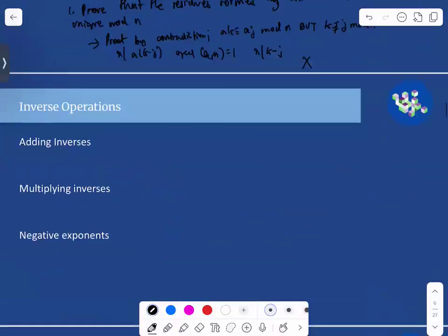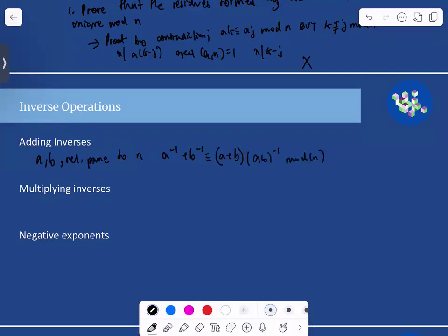Okay, and then there are some basic operations for modular inverses. So you can add and multiply modular inverses, and subtraction works the same way as addition, except it's just negative, and multiplying works the same way as division. So for adding inverses, if you have some integers a and b that are relatively prime to n, then the sum of their inverses is congruent to (a plus b) times the inverse of ab mod n.